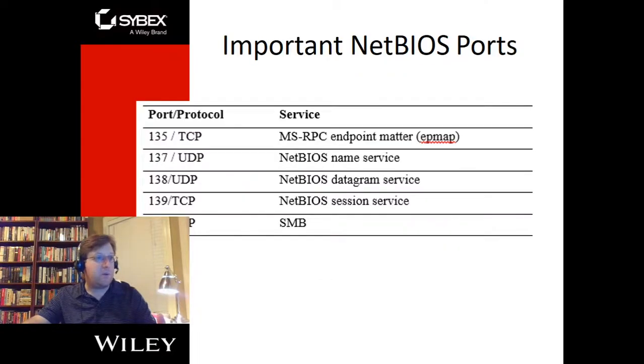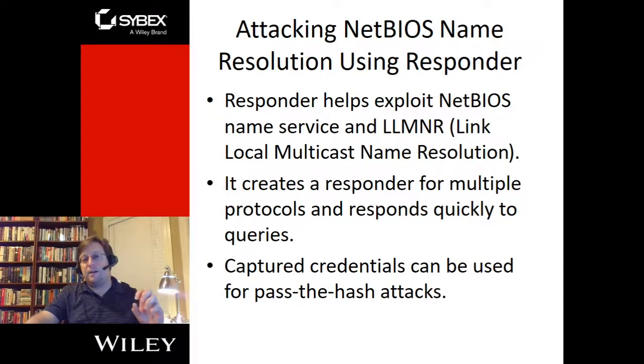There's also a list of ports, and it's probably good to have some passing familiarity with these. And the book mentions a tool called Responder. It's a tool that's included with Kali that lets you exploit NetBIOS and LLMNR, which is one of the last steps that NetBIOS uses for name resolution.